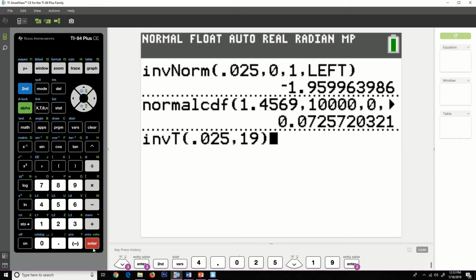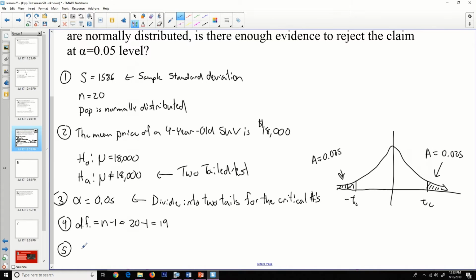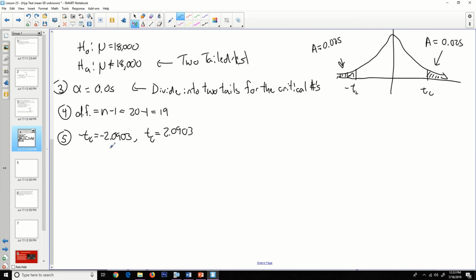When I paste that in there, I get my critical numbers: negative tc equal to negative 2.0903, and then my positive tc is going to be positive 2.0903.